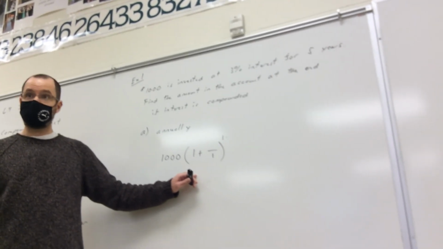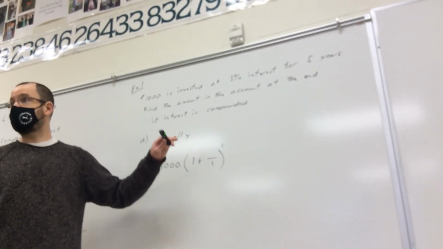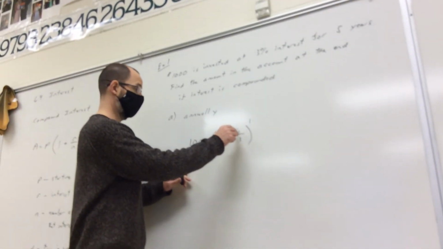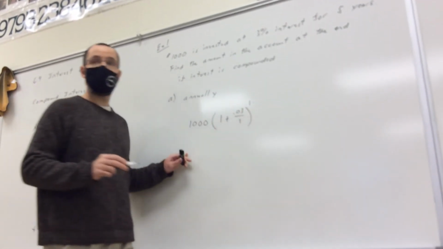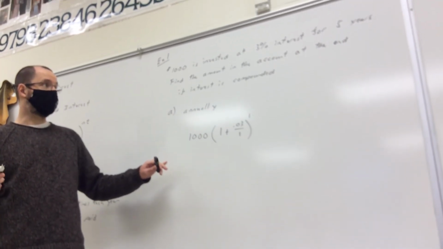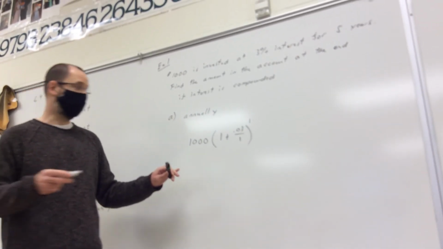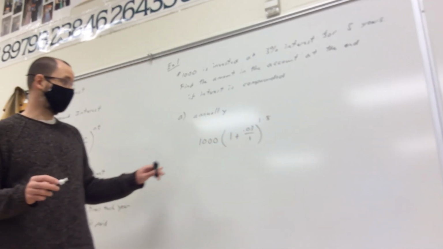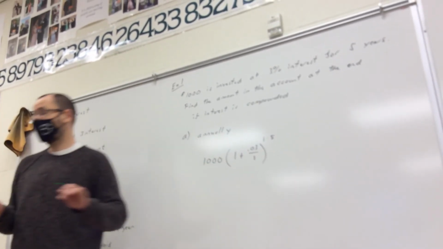Okay, then for the interest rate, 3% as a decimal is 0.03. So that goes here, that's the R. And then T is the time, which in this problem is 5 years. So you can just type all that in at one time to get the answer.